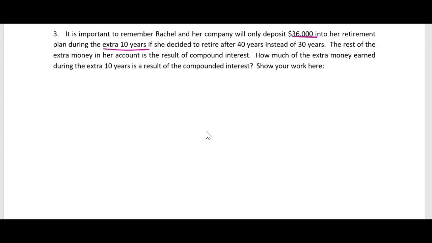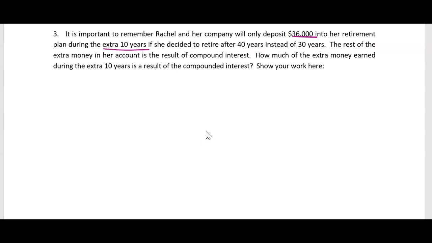Remember that it's 12 months for those extra 10 years, so that's really 120 times it's being put in there.